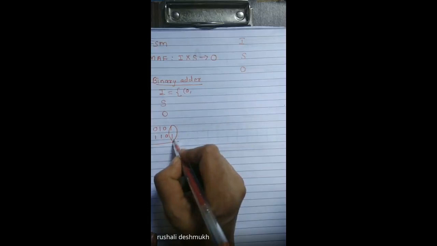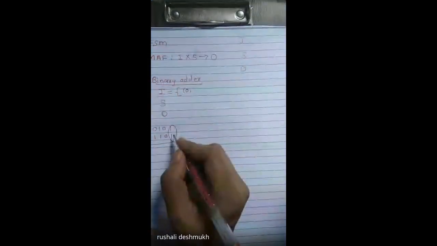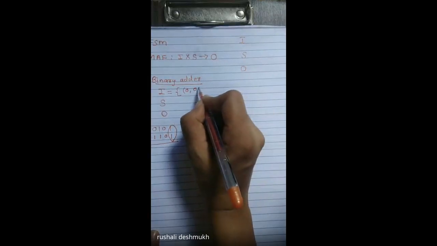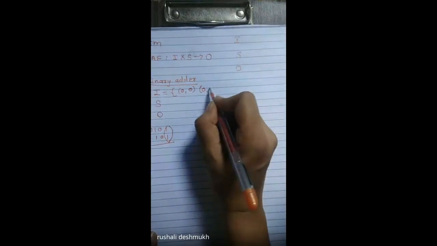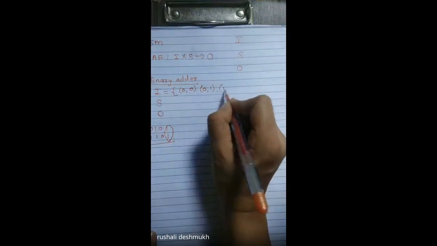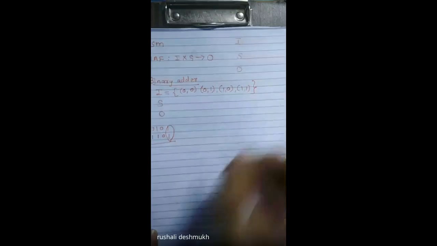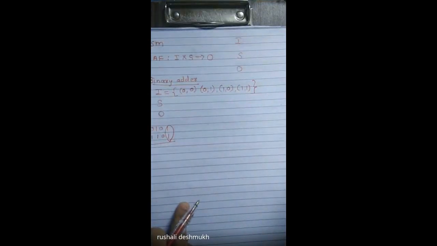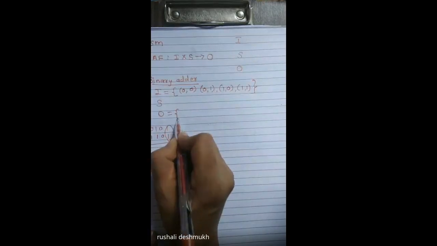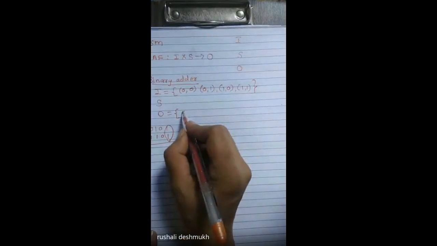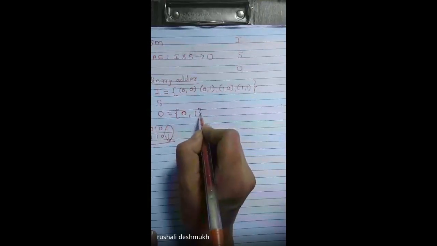Either it can be 1 1 or 0 0. Yes, that is correct, Piyush, your answer is correct. So your input can be 0 0, or 0 1, or 1 0, or 1 1, for binary addition. So this is your input set. And the output can be 0 or 1.